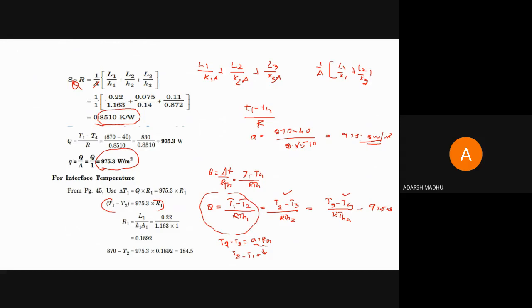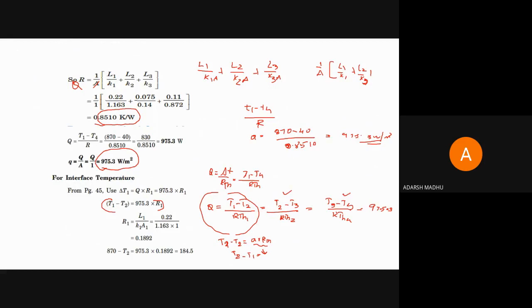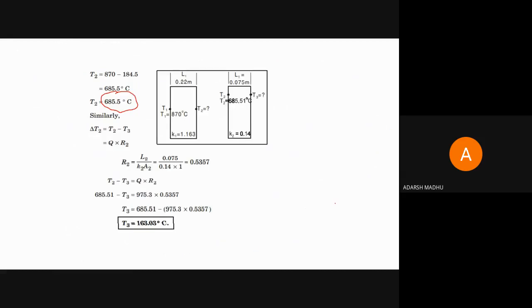T2 is got as 685.5 degrees Celsius, and RTH of 2 is given as L2 by K2, which is 0.075 by 0.14. Here it is, and Q equal to Q. Q value is known. For the third equation, T3 minus T4, the only unknown value is also T3. We can take the third equation or the second.